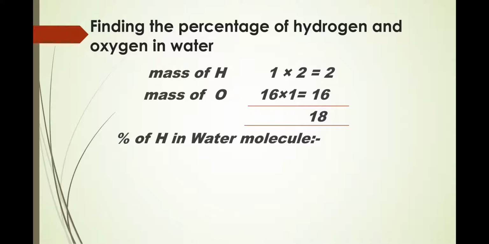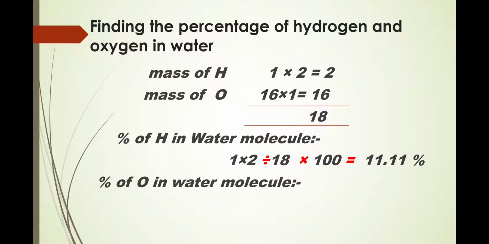Percentage of hydrogen in a water molecule. To calculate this, we need to look into the number of atoms present in this compound. So here we have the mass of hydrogen as 2, divided by 18, into 100, which will give you the percentage of hydrogen in the water molecule. So the percentage of oxygen in a water molecule is, here we have 16, right?